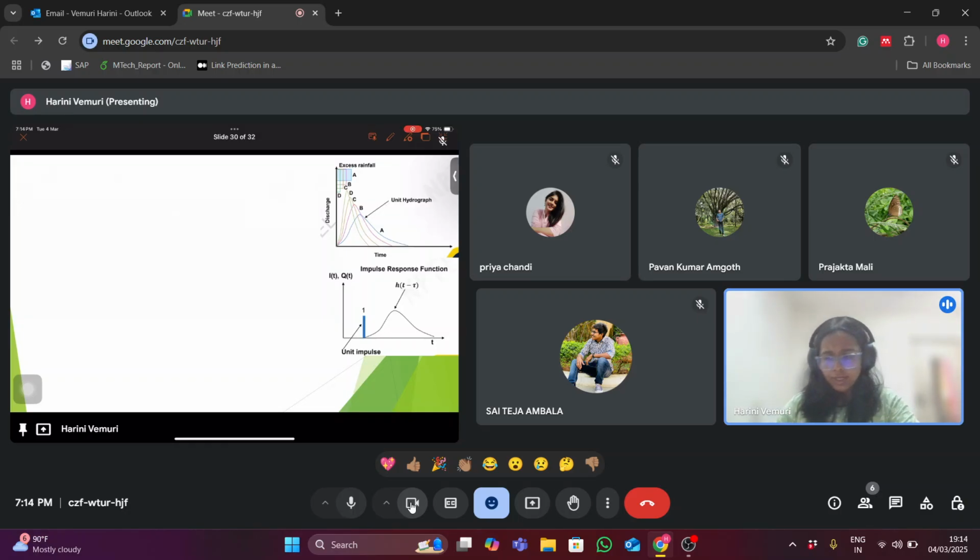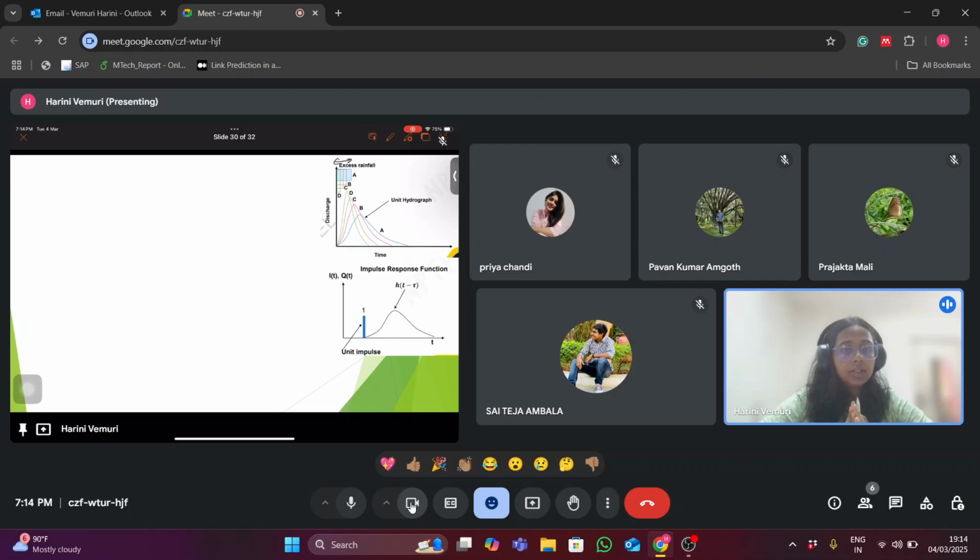Okay, so what does instantaneous unit hydrograph mean? Suppose whenever we are seeing the unit hydrograph, the excess rainfall is occurring for a d hour duration. Based on that d hour duration excess rainfall, there is some hydrograph that is generating, which is a response.